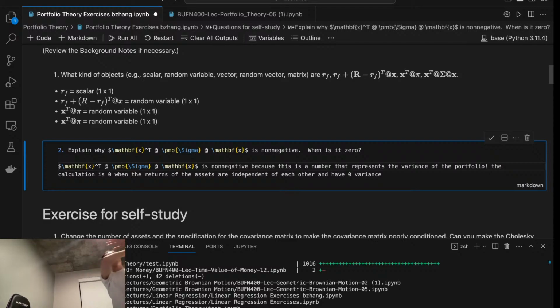If you compute the row vector times the column vector, it gives us a number.